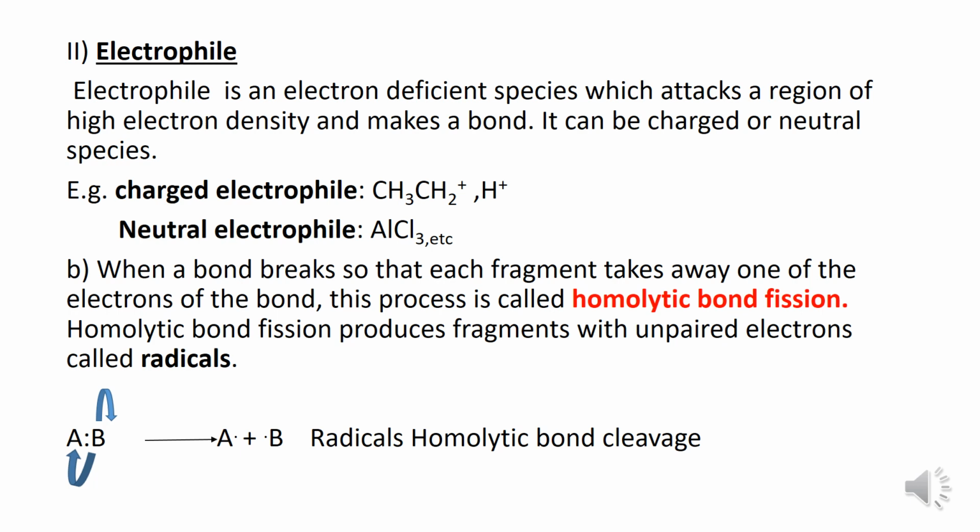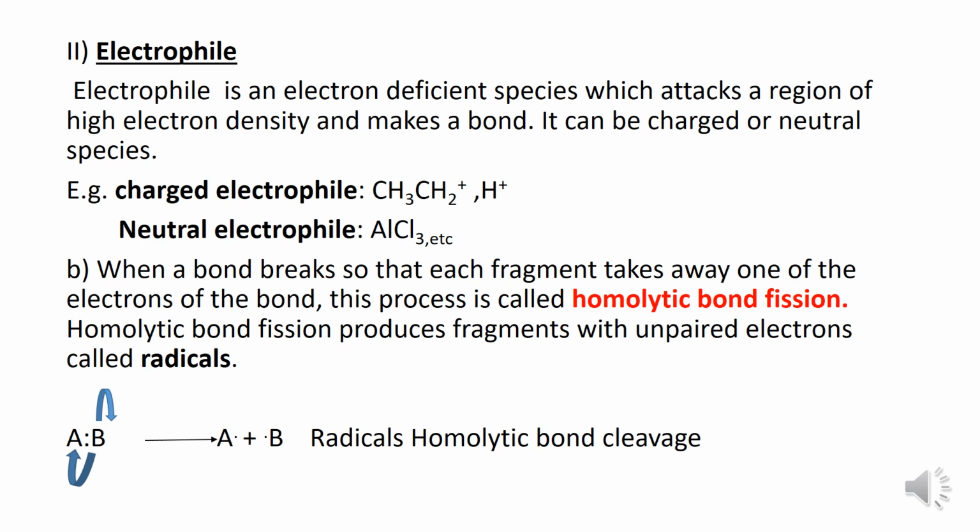Then, when a bond breaks so that each fragment takes away one of the electrons of the bond, the process is called homolytic bond fission. Homolytic bond fission produces fragments with an unpaired electron called radicals. In that case, there is equal sharing of electrons from the covalent bond, as a covalent bond is formed by two electrons.